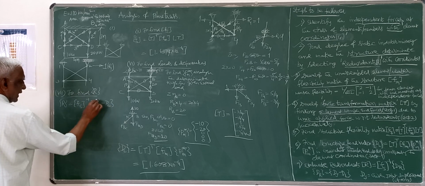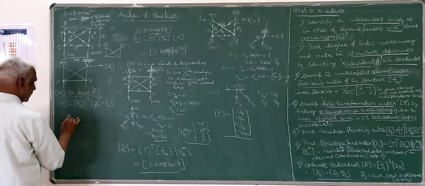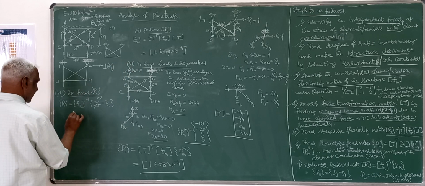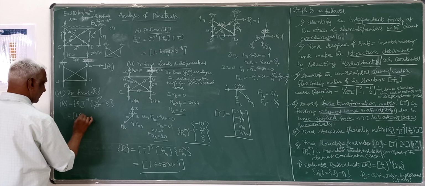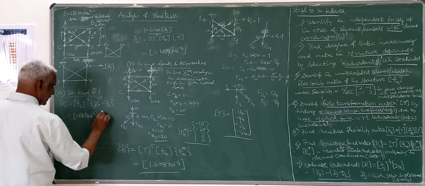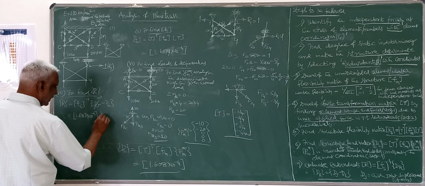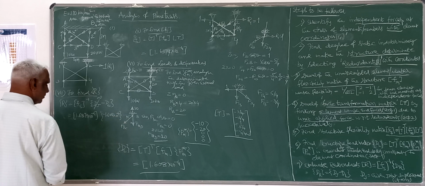This dj is again 0 because there is no support settlement or anything given, that is temperature variation, lack of fit if it is not given. So you can take that as 0. Only Fs inverse, it is given by 1.6379 into 10 to the power of minus 4, and this minus dl is minus 1.608 into 10 to the power of minus 4.